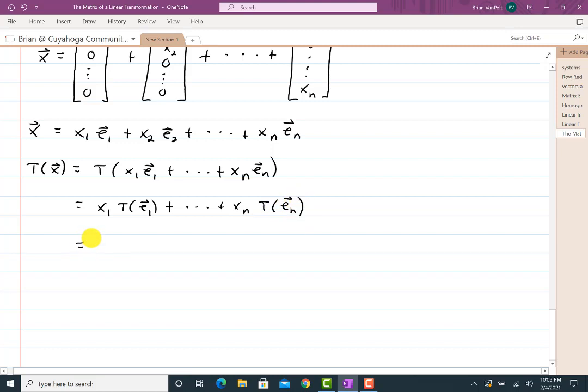And then I can just simply disassemble this into a matrix times a vector. So that works out to the matrix with columns T(e1) up to T(en), times the vector x.